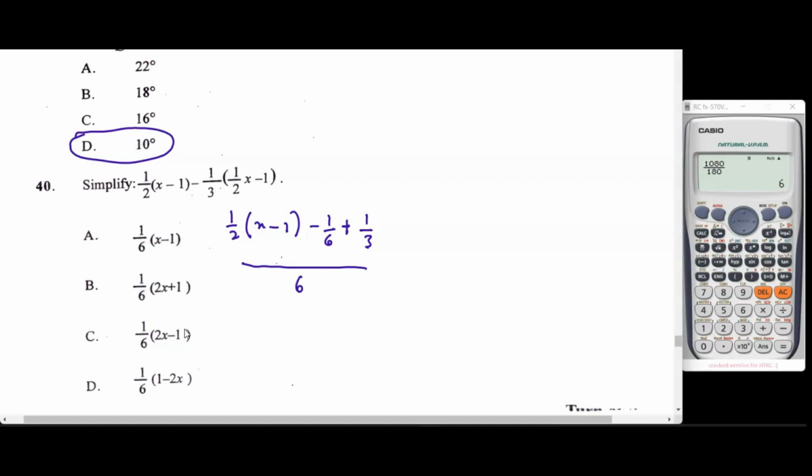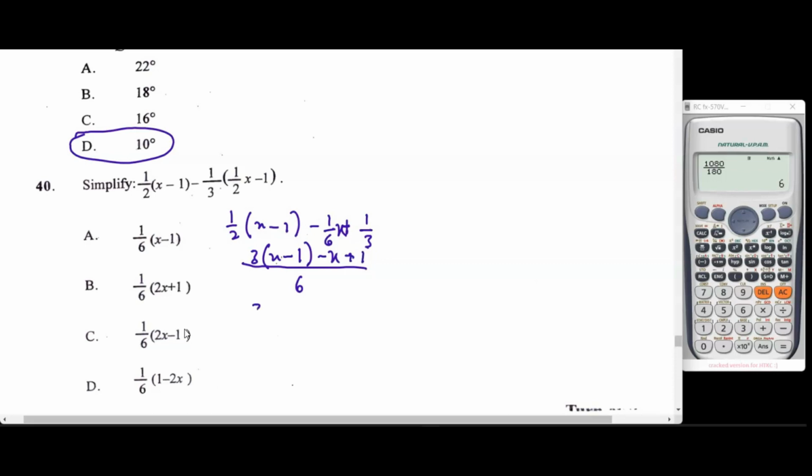Now 2 goes into 6, 3, multiplying 1, so we have 3 into brackets, x minus 1, close brackets. There's x attached here. We have 6 goes into itself 1, multiplying the negative 1x, that would give us negative x. And then 3 goes into 6, 2, multiplying 1, we have plus 2. So that's why the 2 is here.